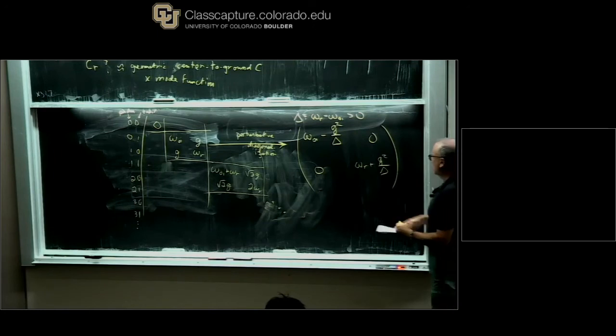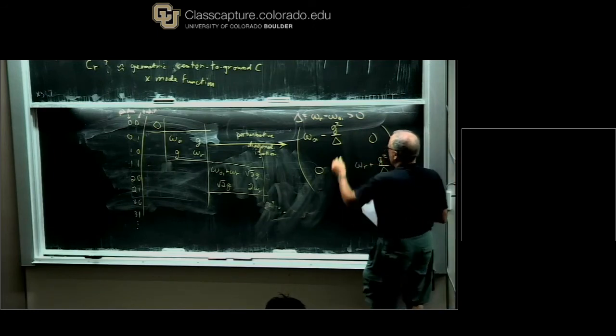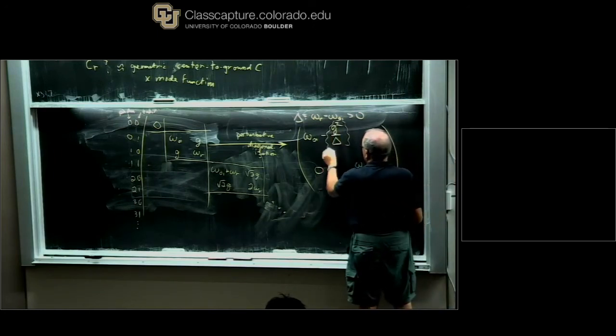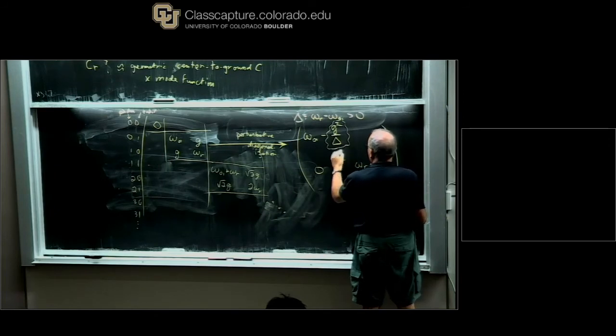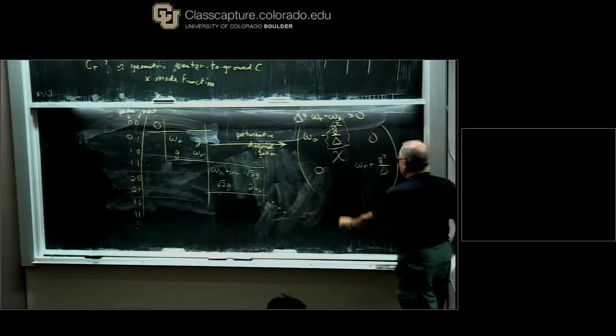So that's already quite good for many purposes. This has its own name in this subject. This g squared over delta parameter is chi, so it's the dispersive shift parameter.